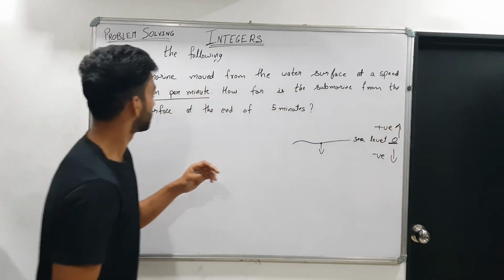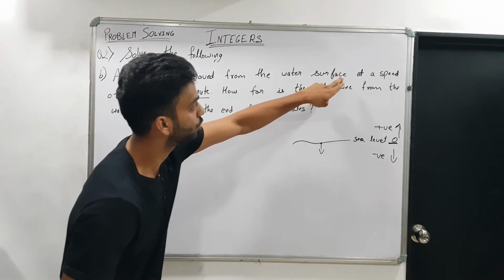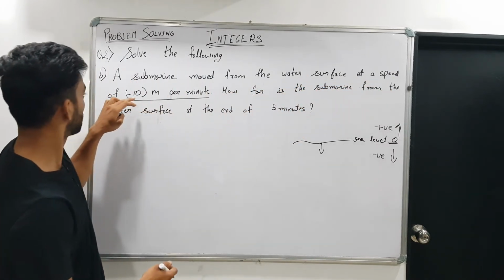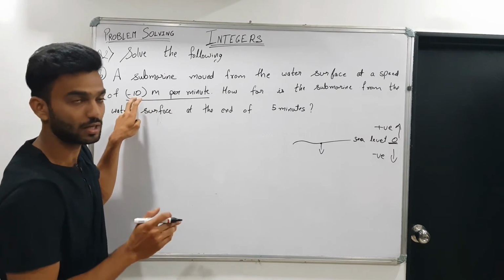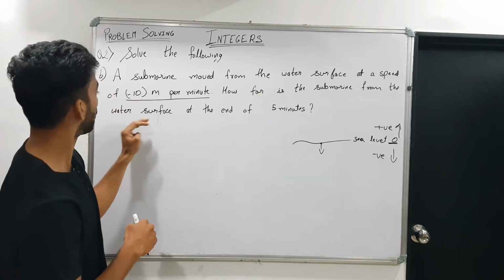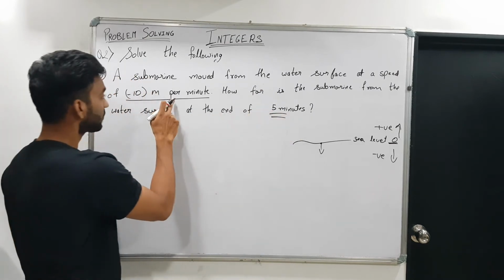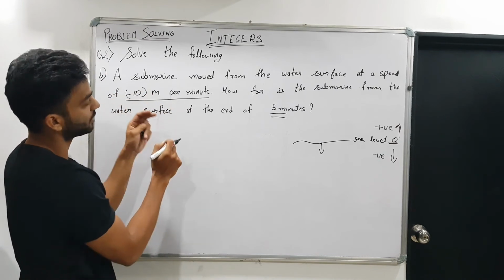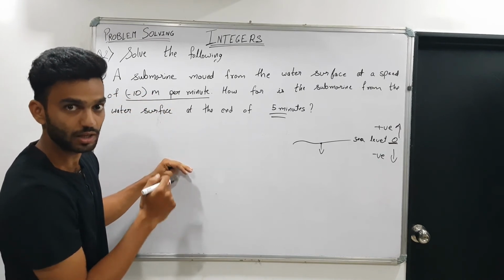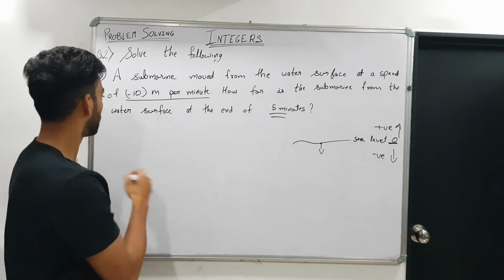So therefore it is given surface, water surface से शुरू हुई है and it is going downwards because -10 मीटर दिया हुआ है, so इसके लिए वो downwards जा रही है. How far is the submarine from the water surface at the end of 5 minutes. 1 मिनट में, per minute दिया हुआ है, means 1 मिनट में ये -10 meters नीचे गई है. So in 5 minutes how much below the surface it is gone, that we have to find.